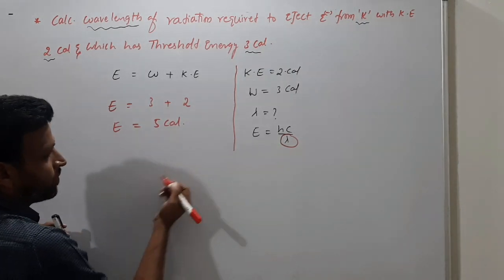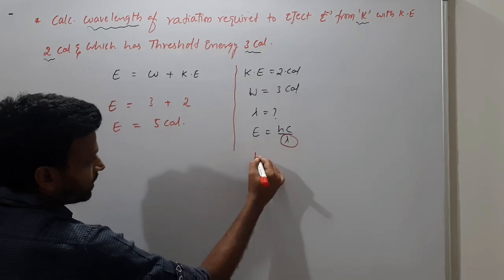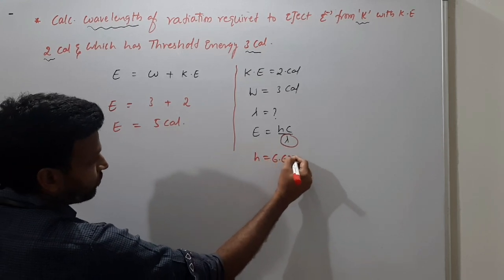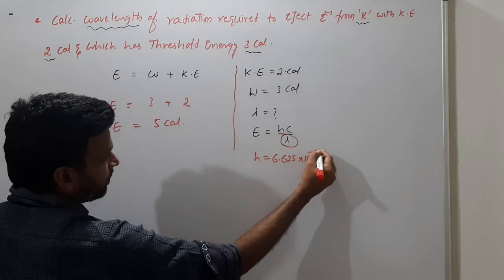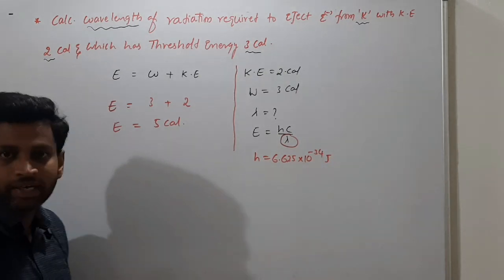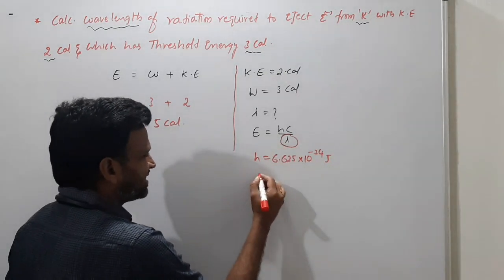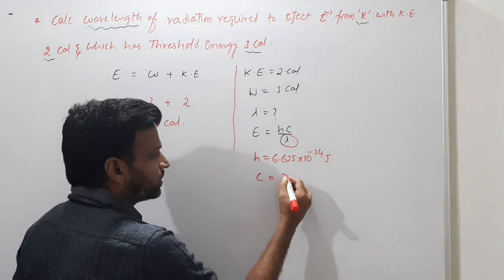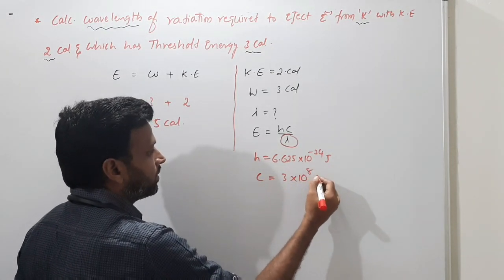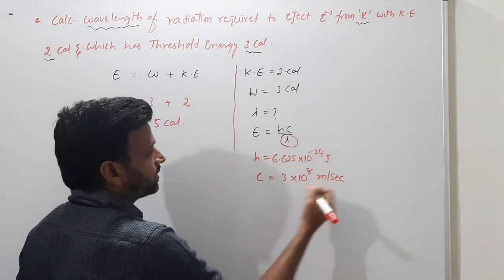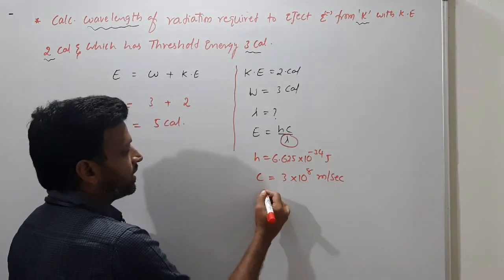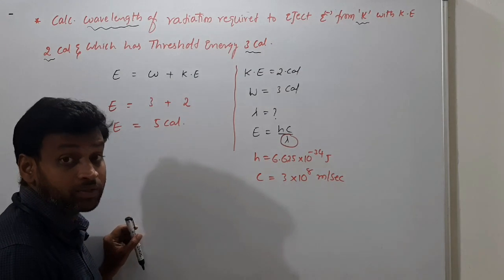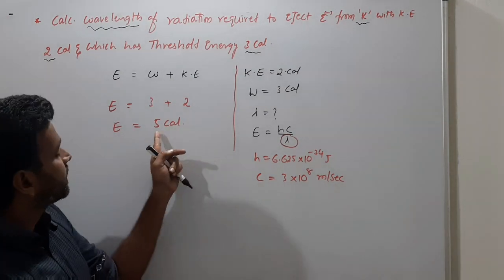In this formula, what is h? 6.625 into 10 power minus 34 joule-seconds. And the c value is 3 into 10 power 8 meter per second, right? Lambda I don't know. Energy I know, but in calories.